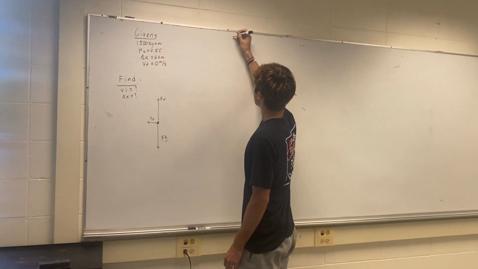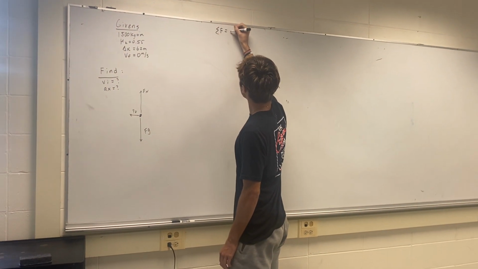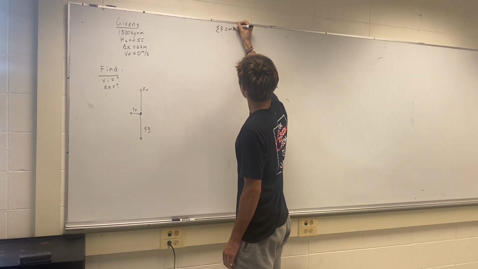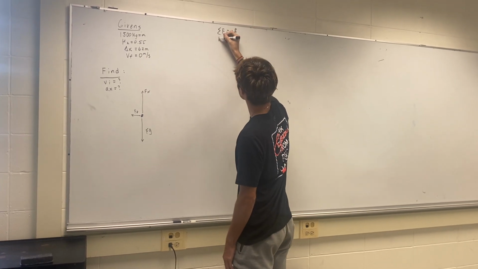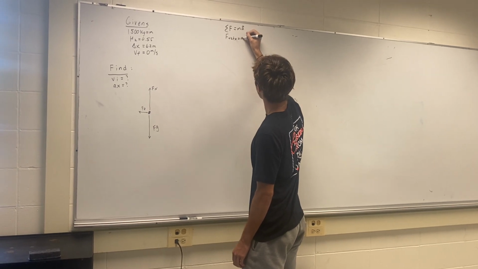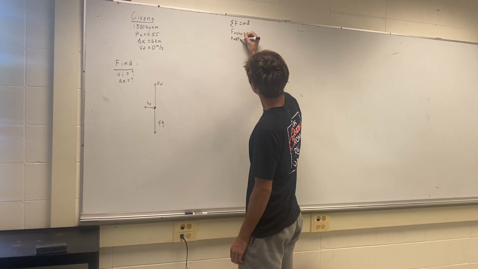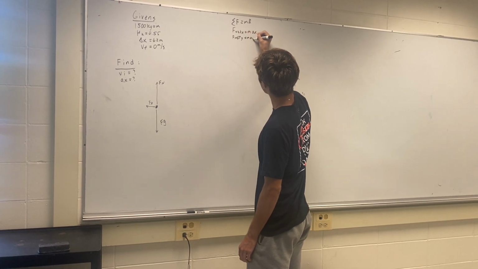Then we can write our equations down. So the sum of the forces is equal to ma, and then F net x is equal to max, F net y is equal to may.